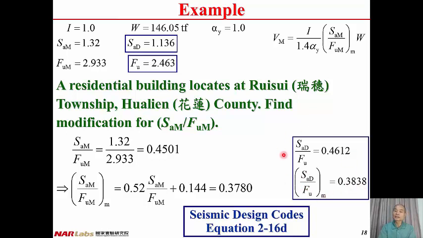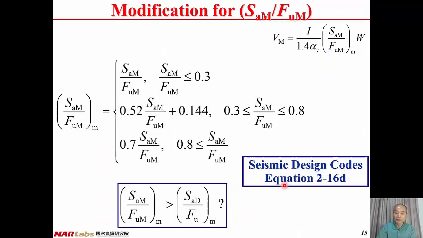Compare with the design basis modification factor. The modification factor for the maximum considered earthquake is less than the modification factor for design basis earthquake. Therefore, the question here is not true. SAM divided by FUM modification is less than SAD divided by FU modification. But is this always true? Is there any exception? That's my question.